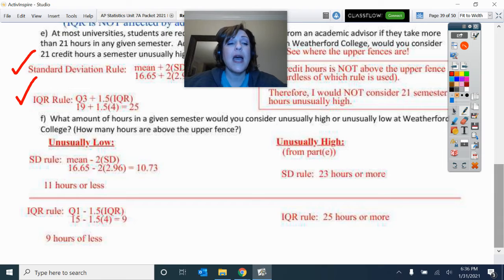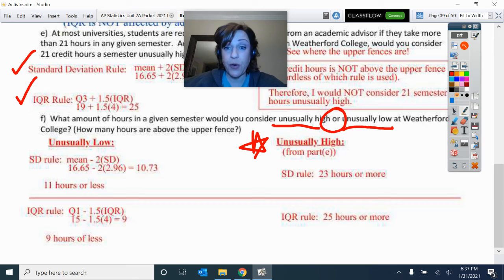All right. What amount of hours in a given semester would you consider unusually high or unusually low? Basically, identify those fences and then tell me the number of hours just on the outside of those fences. We had done this in the previous problem.